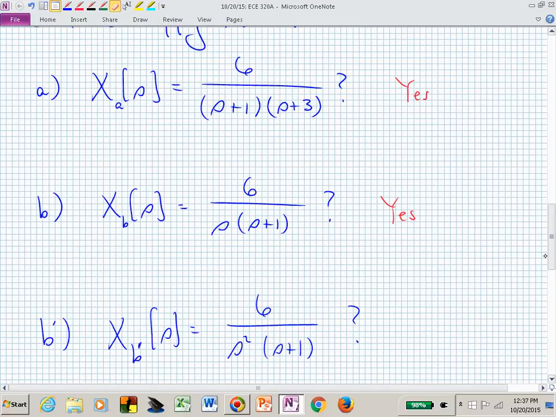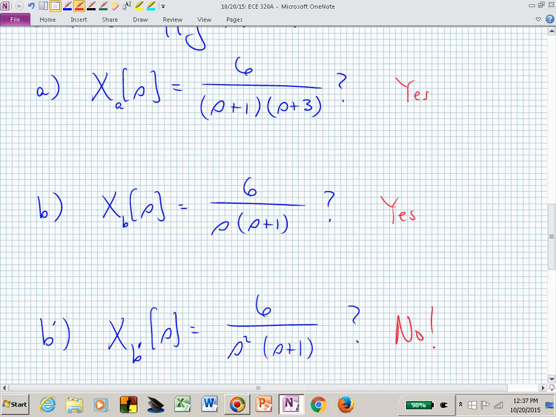How about b prime? No. Now we have two poles sitting at the origin. And what would the structure of the time domain response look like here?